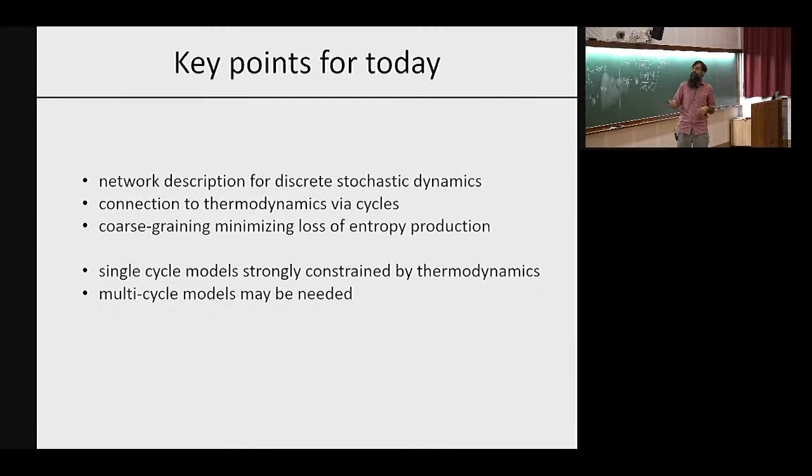I have tried to show you the connection to thermodynamic properties via the cycles, where you have these detailed balance conditions or deviation from detailed balance that give you some of these thermodynamic potentials. And then at the end, I told you about how we coarse grain these systems by merging states. I've shown you that in this case, we lose entropy production, but by doing this in a way that the loss of entropy production is minimal, we can find a way to coarse grain these systems in an optimal fashion.